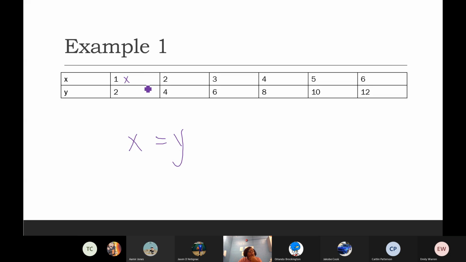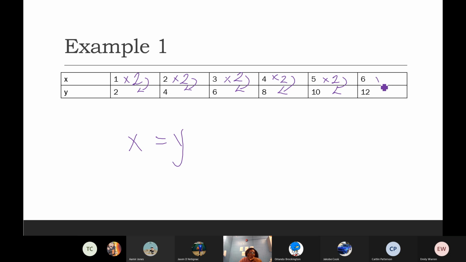And if I am multiplying, what am I multiplying by? 2. Yeah, let's see if that works. 1 times 2 is 2. 2 times 2, it's 4. 3 times 2 is 6. Very good. It works.